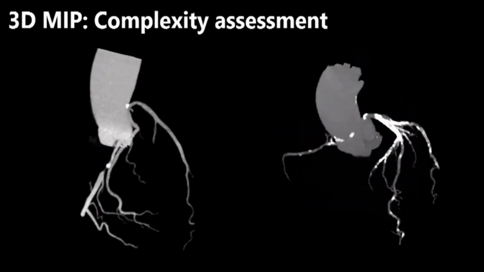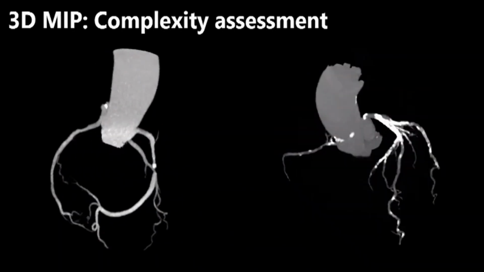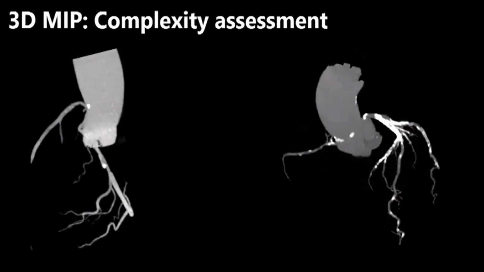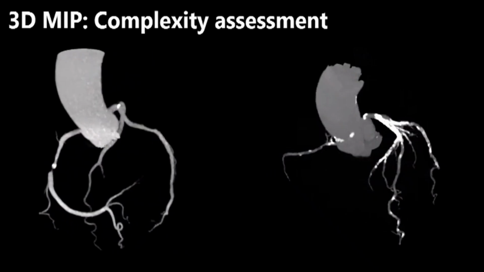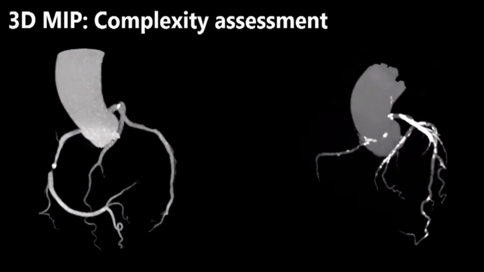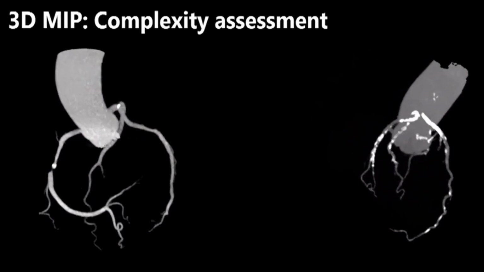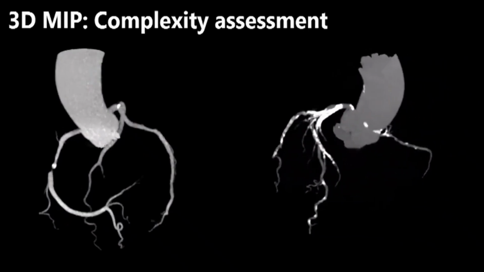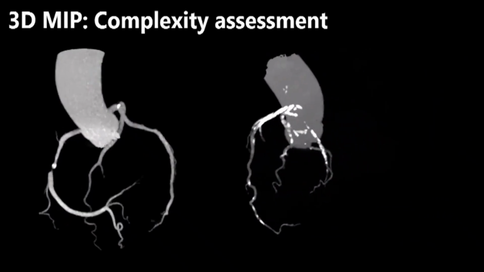In those two examples, they show how useful MIP can be for understanding vessel geometry and complexity. If you show the case on the left to an interventional cardiologist, you can clearly see a very severe RCA obstruction that can be easily stented over here.